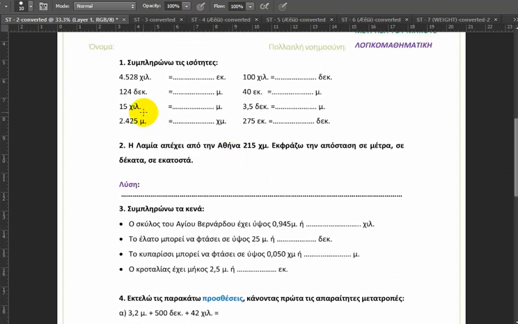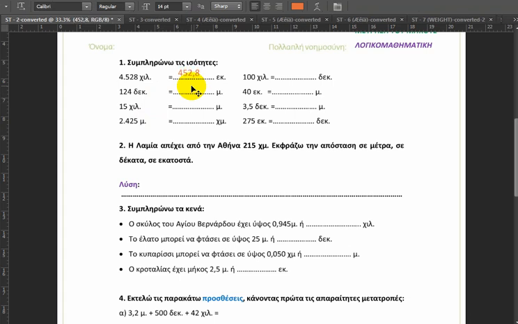In this one, we have 4,528 millimeters, and we want to turn that into centimeters. That means a step up, so divide by 10, which would give me 452.8. Then we have 100 millimeters into decimeters, so we would be going up 2 steps, so divide by 100. 100 divided by 100 would give me 1.